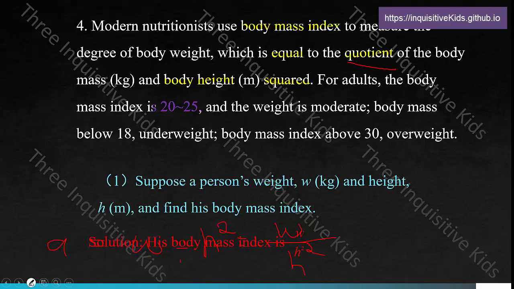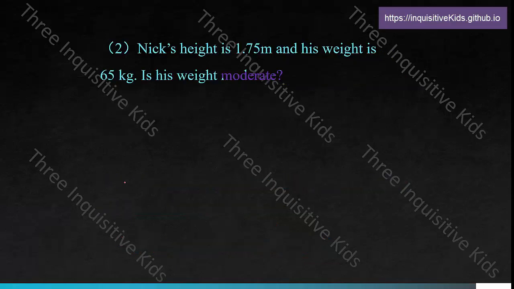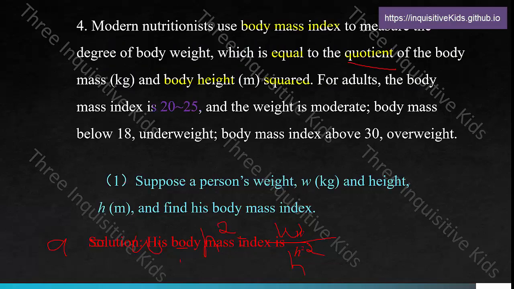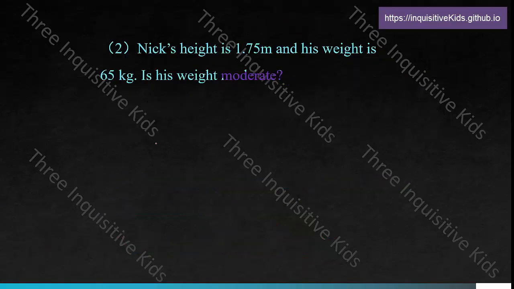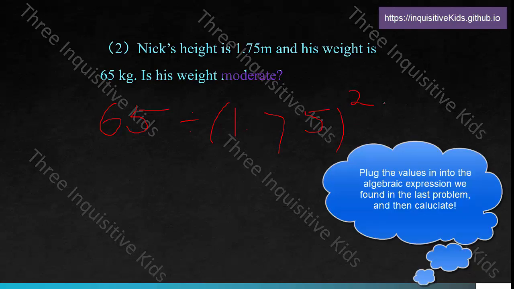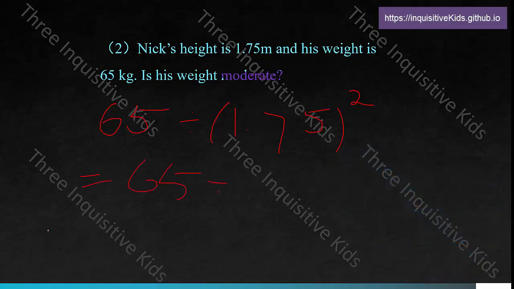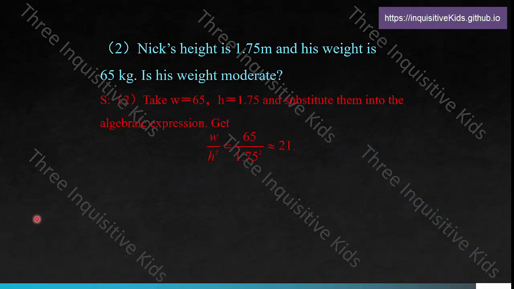So let's calculate that. Using what we already learned from the last problem, we know that it's going to be 65 divided by 1.75 squared. All you do is simplify this equation, and that would be close to 21.